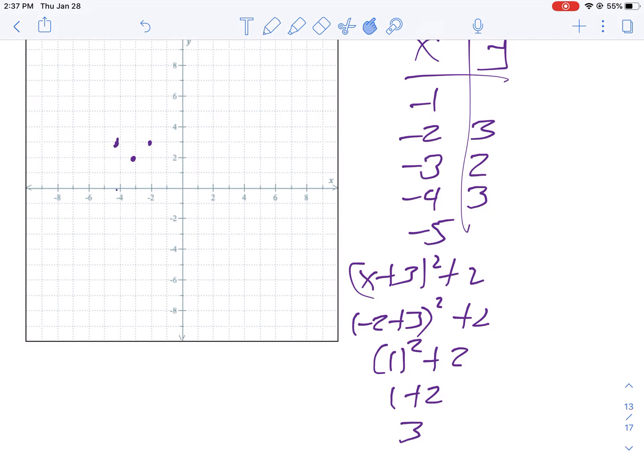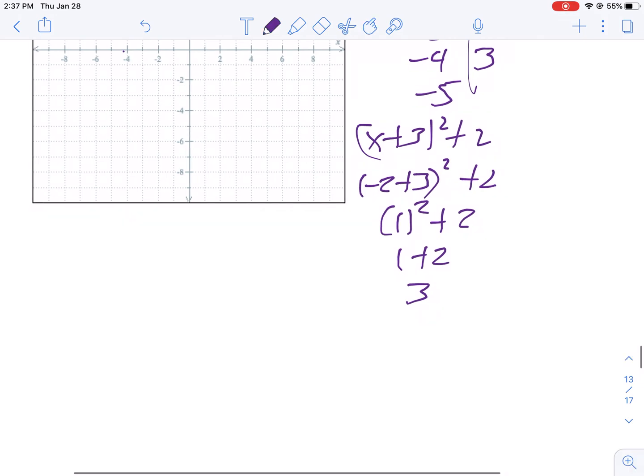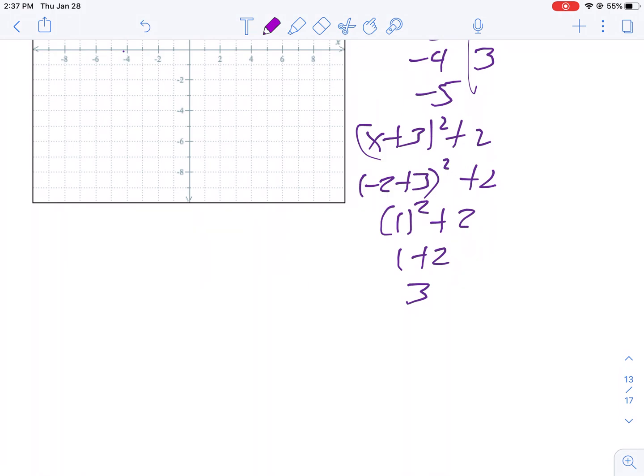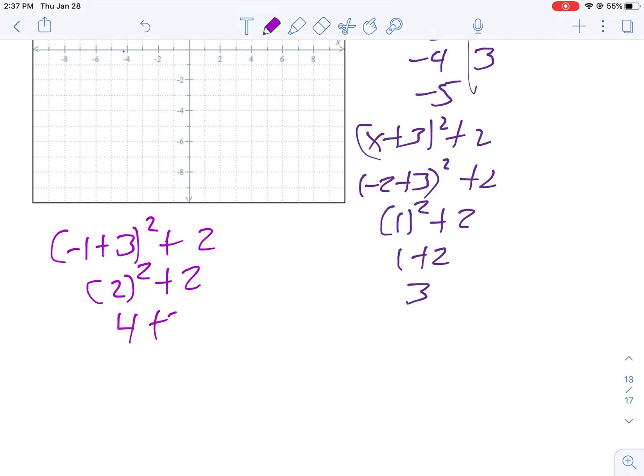Now let's do negative 1. We have negative 1 plus 3, the quantity squared, plus 2. Negative 1 plus 3, well, that's 2 squared plus 2. That's 4 plus 2, which is 6. So we know it's symmetric.